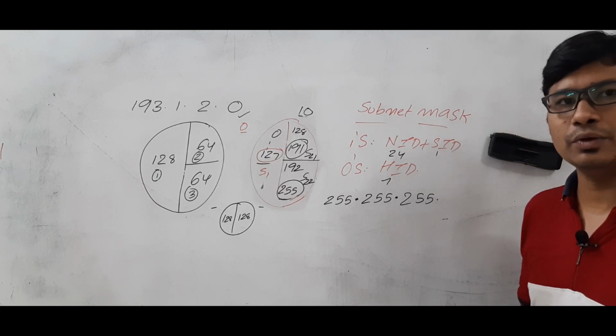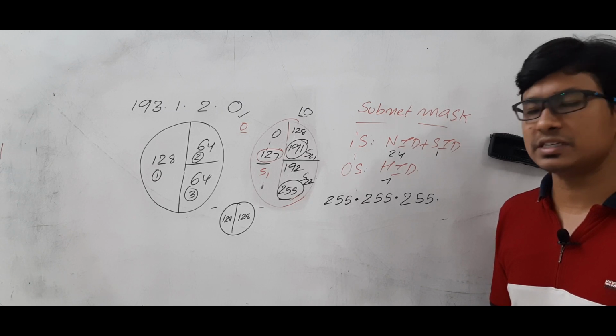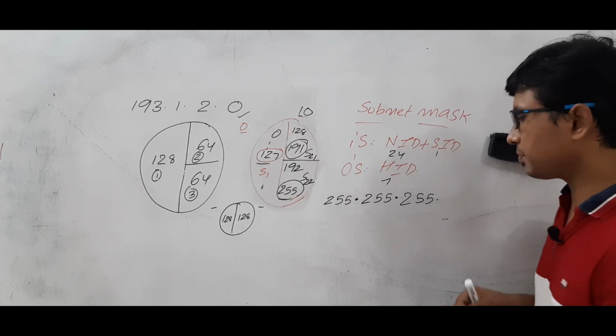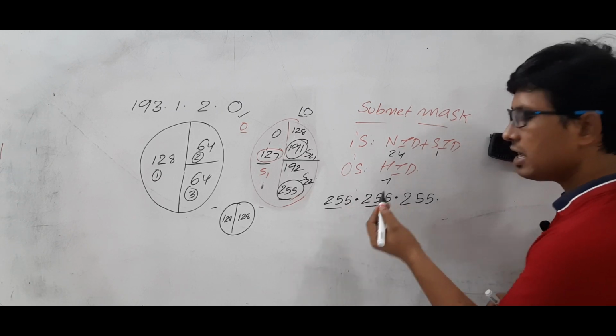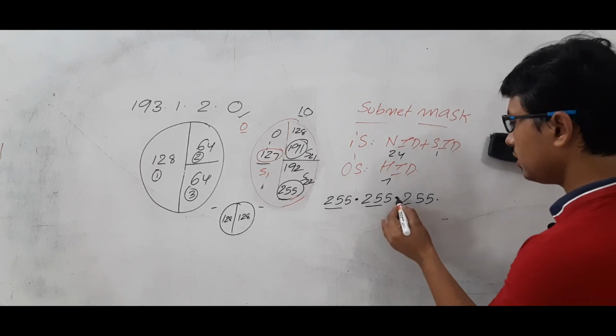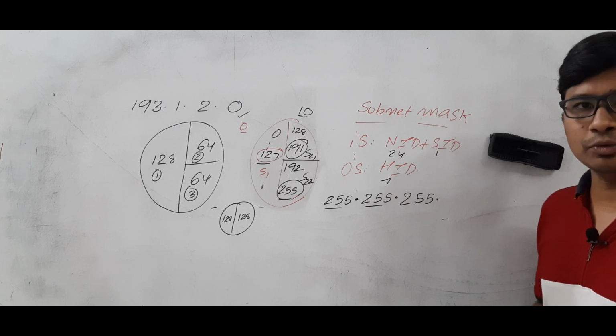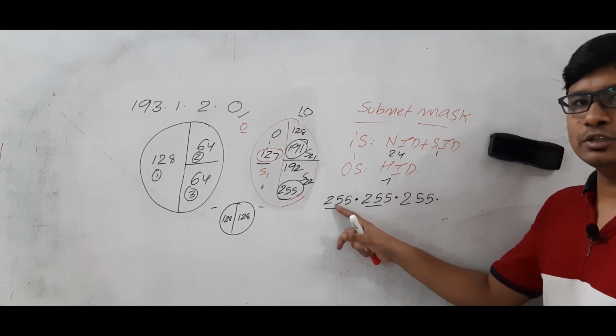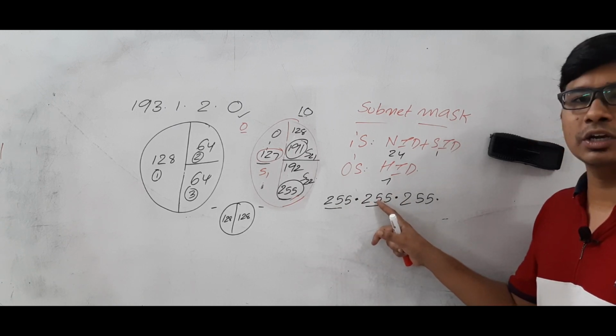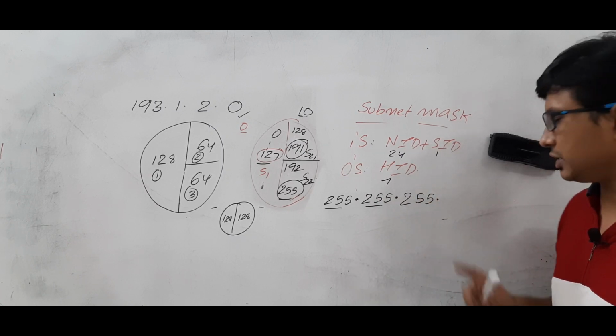Why am I converting into decimal? The IP address should be represented in dotted decimal representation, with decimals separated by dots. How many decimals will there be? 4 decimals, because it is a 32-bit number. So 8 bits you convert into a decimal, 8 bits into a decimal, and 8 bits into a decimal.